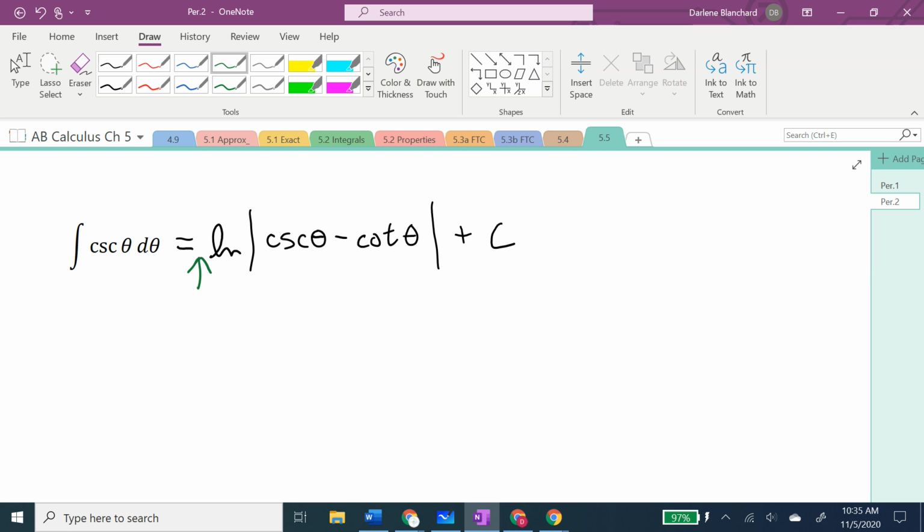If you do cosecant plus cotangent, you're going to get negative natural log. This formula works just as much as the previous formula.